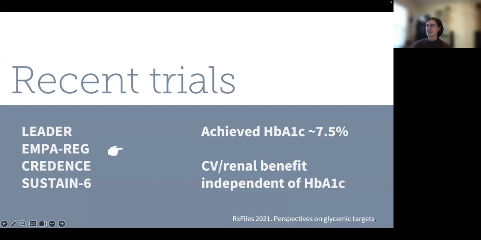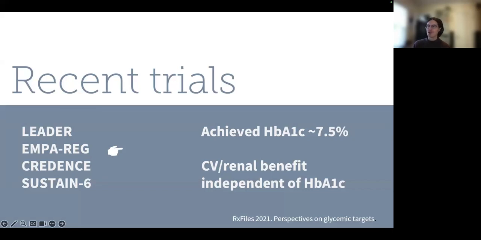Even with an A1C in that upper 7 range, there is a reduction in risk of cardiovascular events, hospitalizations due to heart failure, and important clinical endpoints. So the more recent thinking is that this clinical benefit is occurring independent of A1C. It's more about the actual drug than the A1C target. So again, that really raises the question of focusing solely on getting an A1C below 7 as a goal.